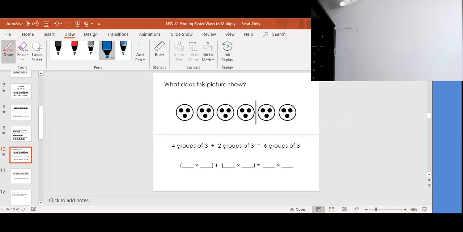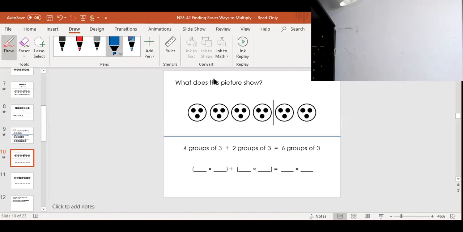Okay? In this one, they've already divided the groups up. And they're saying, what does this picture show? Well, I can see that there is here 1, 2, 3, 4 groups of 3. So 4 groups of 3, and 2 groups of 3, which is what this says. It equals 6 groups of 3. Altogether, there's 6 groups of 3.